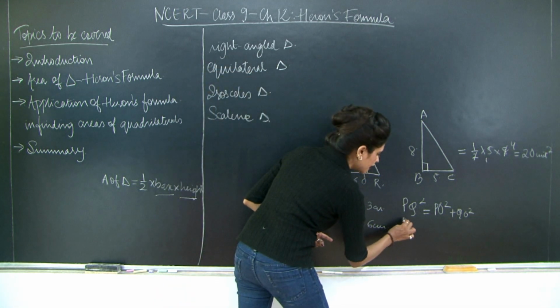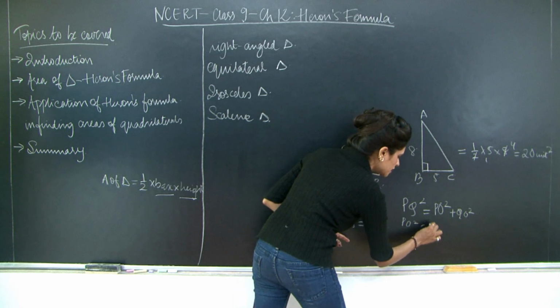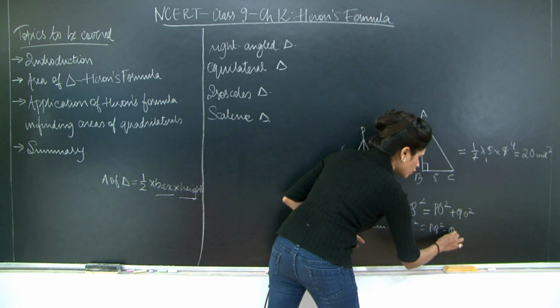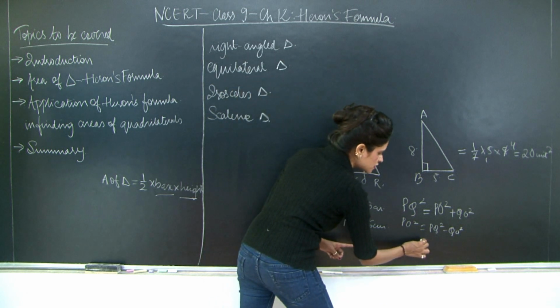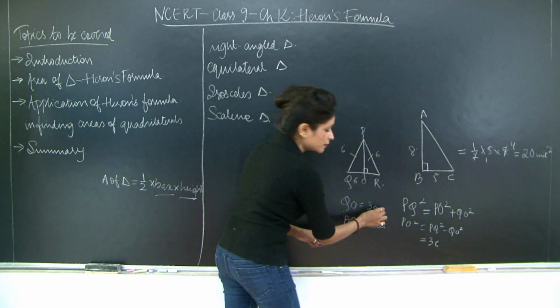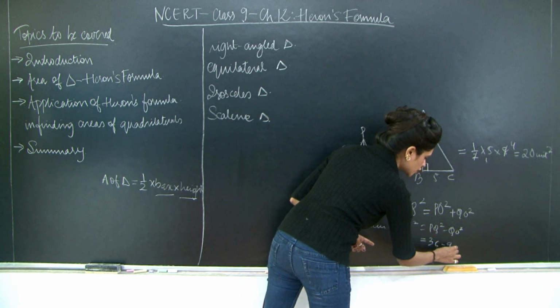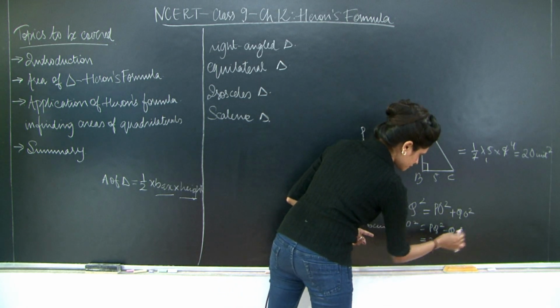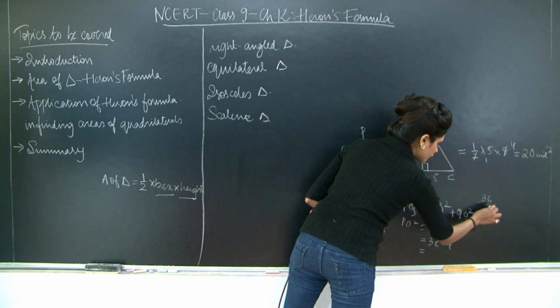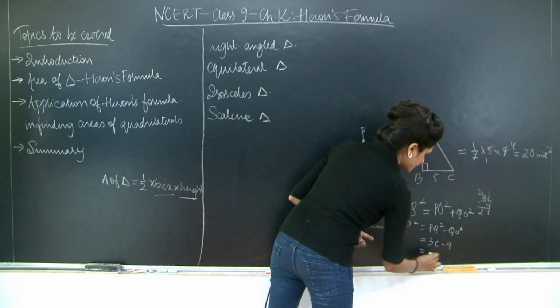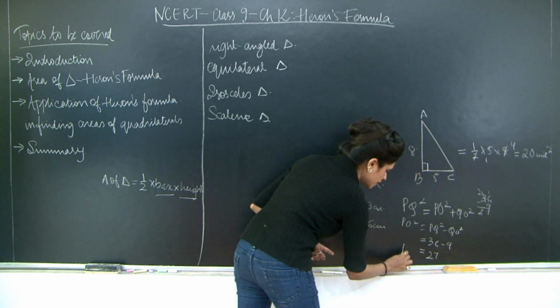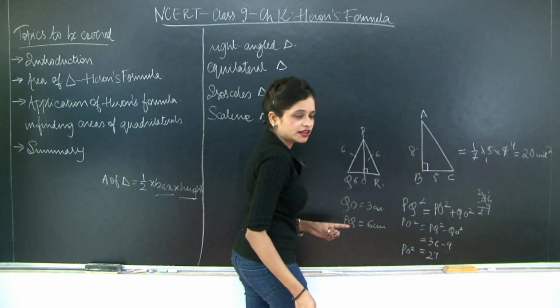So therefore PO square is going to be PQ square minus QO square, right? So PQ square will be 6 square, which is 36, and this would be 3 square, which is 9. So 36 minus 9, 27. So PO square is 27.